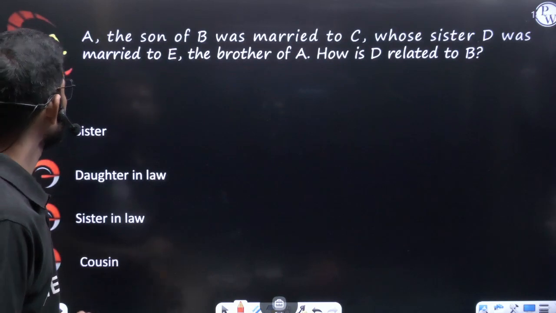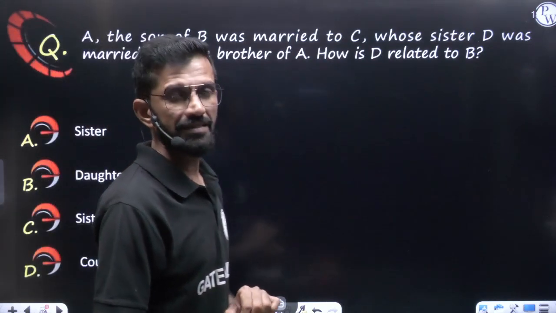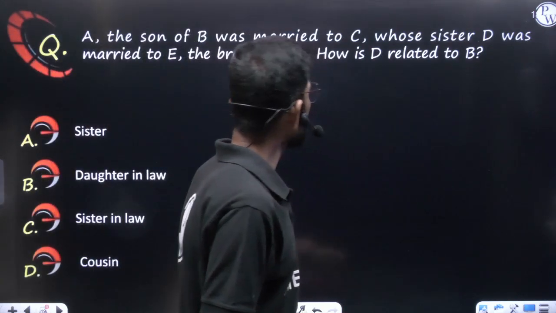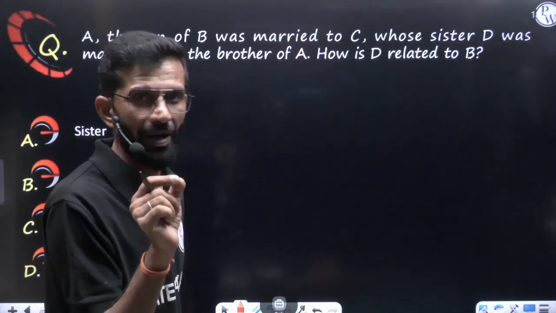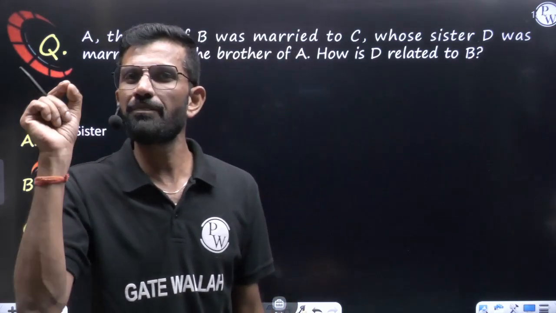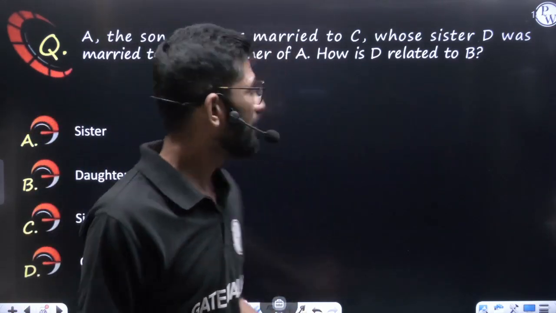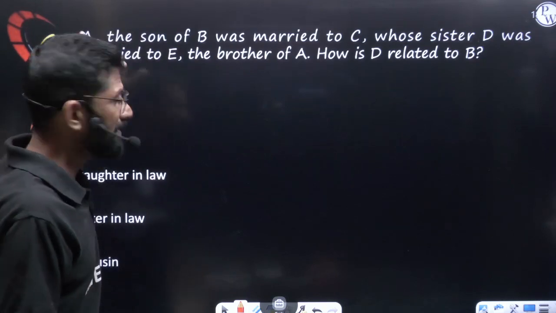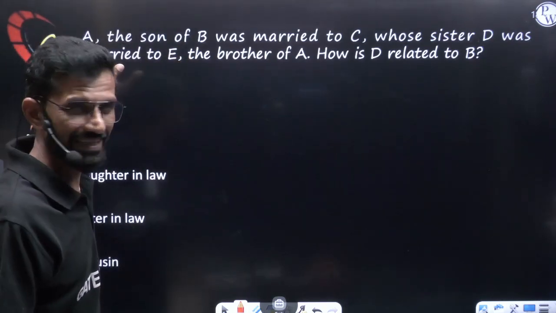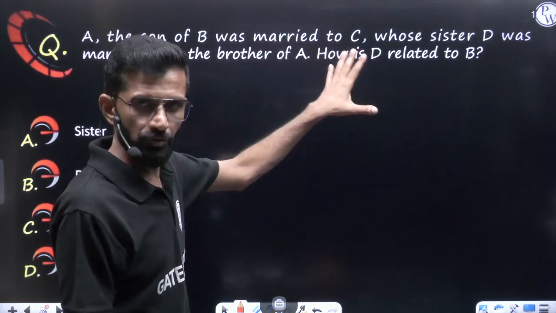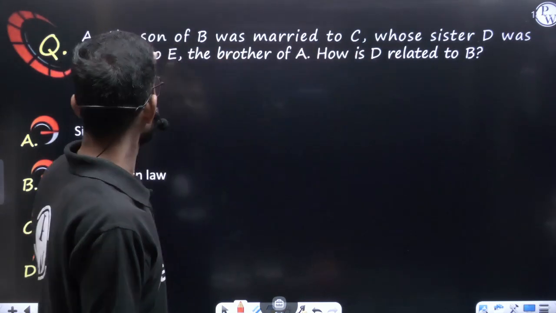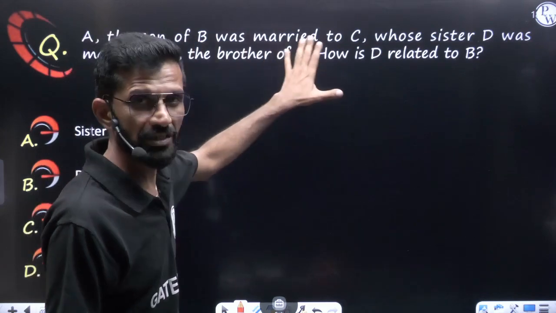Moving to the next. A, the son of B, was married to C. See, whenever after any noun there is a comma, the further sentence will be talking about that noun. So when they said A, comma, this sentence is about A. A is the son of B. Was married to C. So don't get confused.